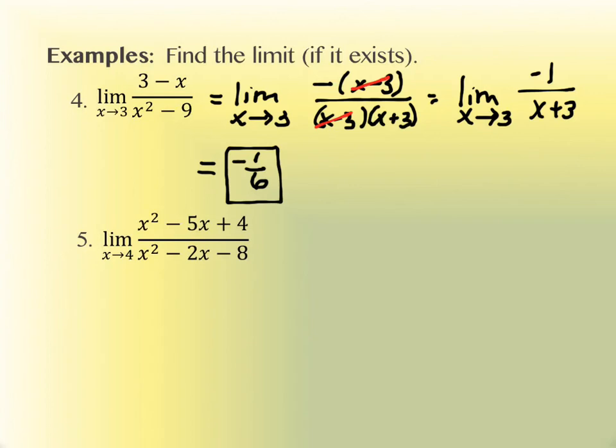Now, keep in mind as you're doing this, it's really tempting once we get started with this to try and always factor the numerator and denominator when you can. Make sure you really need to factor before you start doing it. So the way you decide if you need to factor is you decide what happens when I put the limit value into the denominator. If I get 0, then I need to factor. If you didn't get a 0 in the denominator, don't go factoring things that aren't necessary to factor.